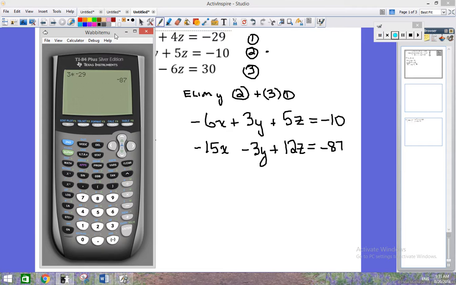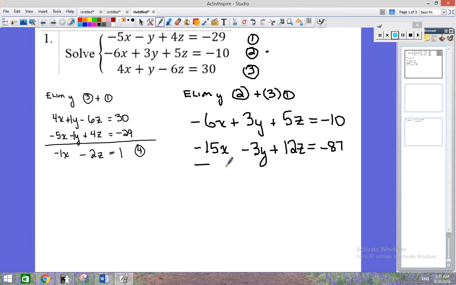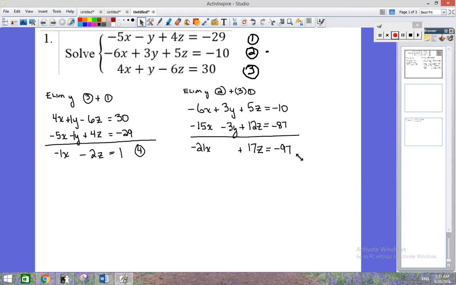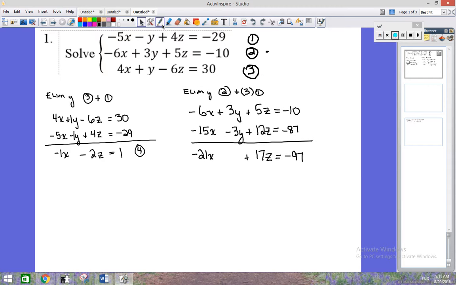Negative 87. Okay. Add these equations together. The y's are eliminated. I have 17z, negative 97. All right. Let's label that equation 5.